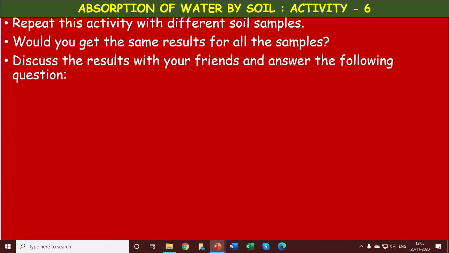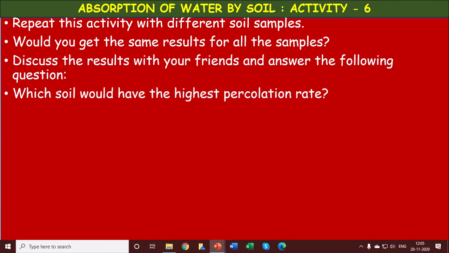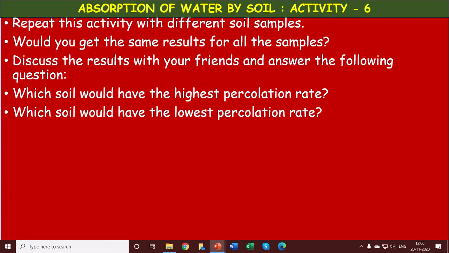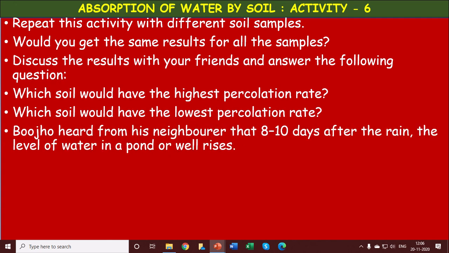So discuss the results with your friends and answer the following questions. Which soil would have the highest percolation rate? Which soil would have the lowest percolation rate? And here Boju heard from his neighbors that 8 to 10 days after the rain, the level of water in a pond or well rises. What is the reason?